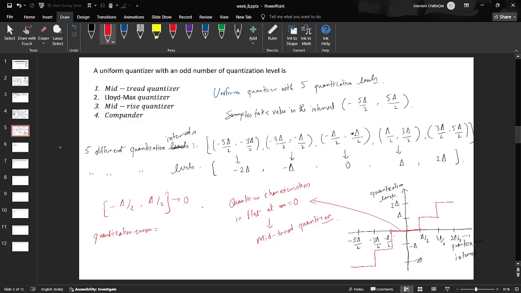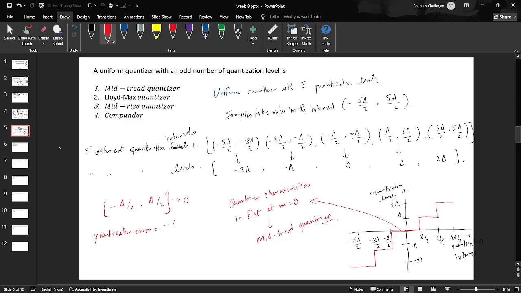The problem comes when the message sample is not 0 but some non-zero value in this interval. For one extreme, let's say the message sample takes value minus delta over 2. Your original sample value is minus delta over 2, your quantizer is going to map it to 0, right? So there is going to be some quantization error. And what is the quantization error amount?